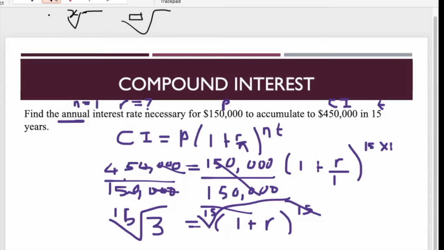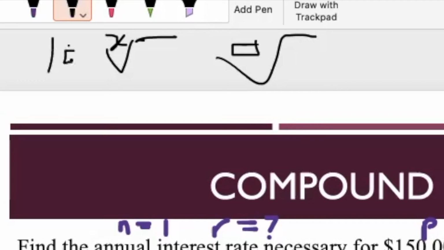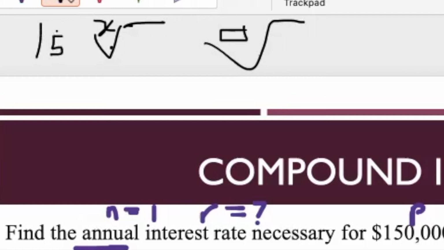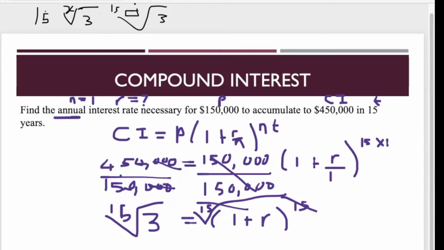But before you select that, you would enter 15, then shift or second function, the x root, then 3. If you're still having difficulties finding this, just leave a comment below and I will explain to you.